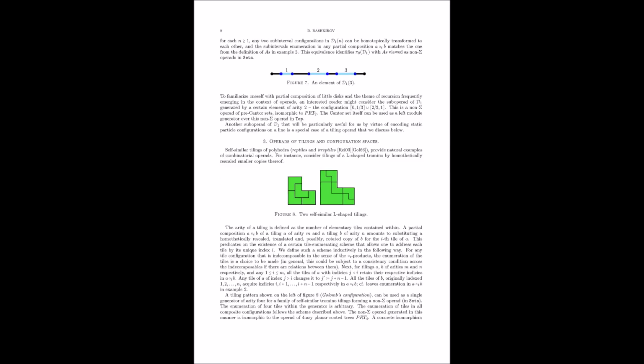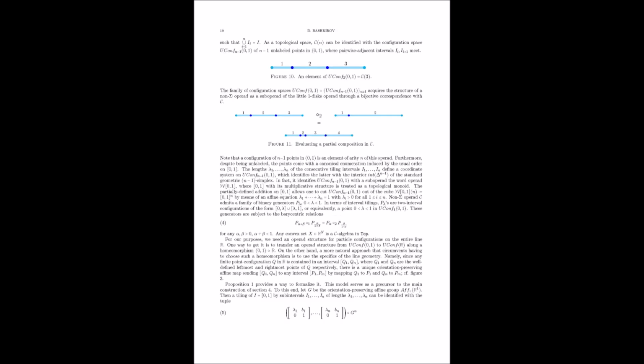We're not just looking at these arrangements by themselves. We're going to see how they can be combined in ways that reveal a deeper structure. We're going to get into the world of operads, which are mathematical structures that give us rules for combining objects. In this case, it'll be our line arrangements. And what's really fascinating is that we're going to come across not just one, but two distinct operad structures.